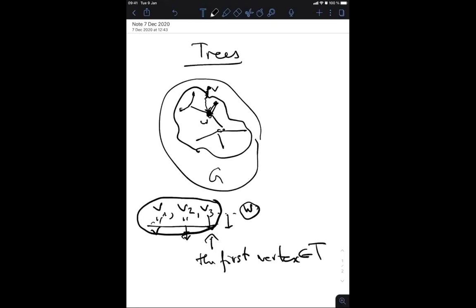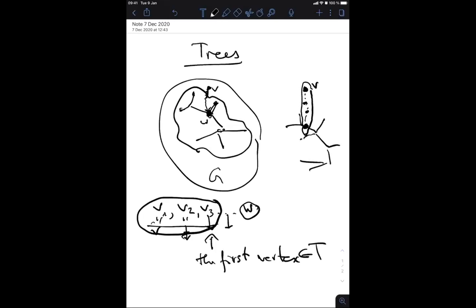So once again, here is our tree, and here is our additional vertex V, and we are finding some path. And here is the first time it hits our tree. Say these vertices are not in our tree yet, but that's the first time it hits our tree. We take this path and glue it to our tree.